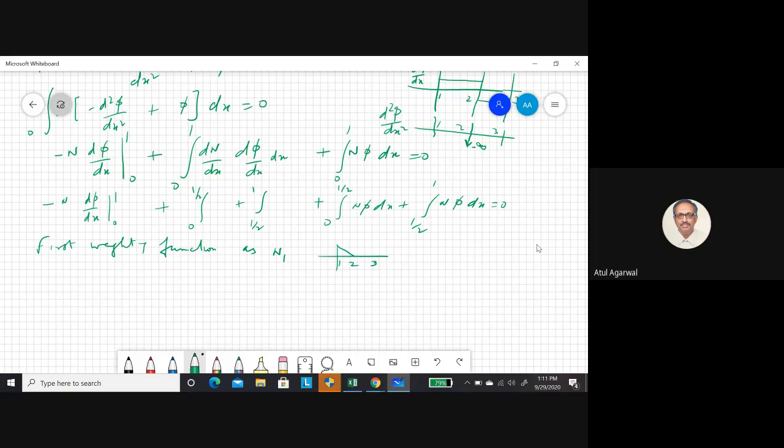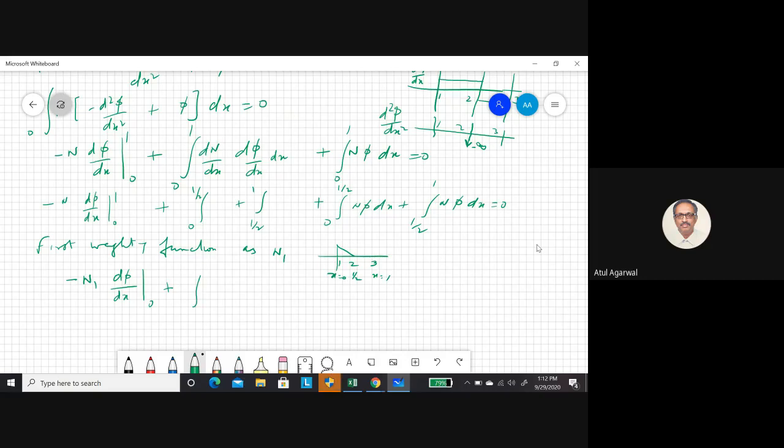So you see, here we'll put that value of N1. Now you see, what is the value of N1 at x equal to 1? 0. This was x equal to 0. This was x equal to 1. This is x equal to half. So this term goes to 0. So you will be left with minus N1 d phi by dx at x equal to 0, because N1 is 0 at x equal to 1.